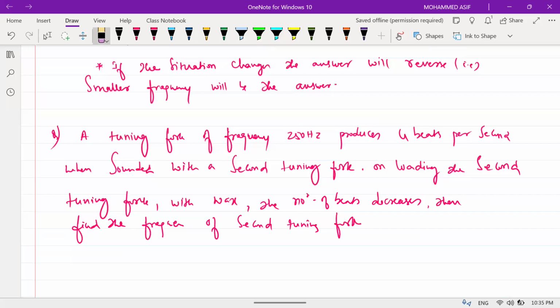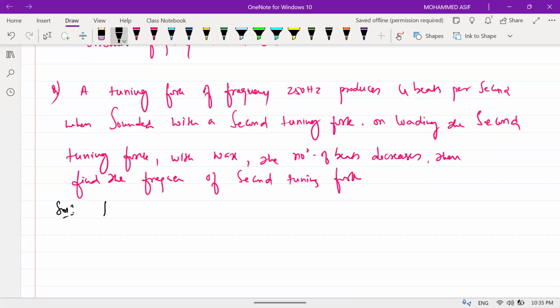First read the question. A tuning fork of frequency 250 hertz produces 4 beats per second when sounded with the second tuning fork.